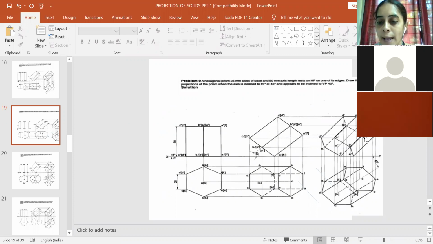The locus of F is meeting F dash at this point. So please write it as F dash. The locus of E is meeting E dash at this point. So please write it as E dash. The locus of D is meeting D dash at this point. So please write it as D dash. And the locus of C is meeting C dash at this point. So please write it as C dash.